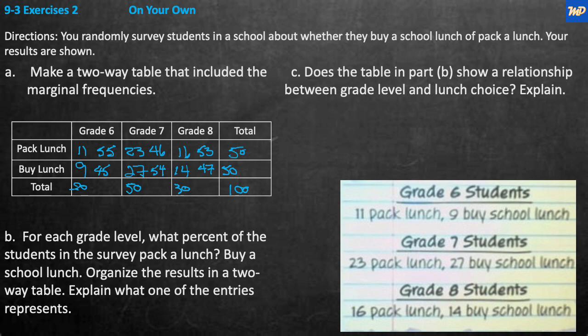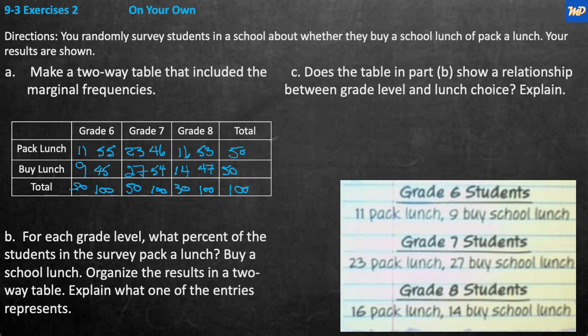And here, this is 100%, right? Because 55 and 45, 46 and 54 is 100%. We don't have to put this in here, by the way. I'm just doing it. And then if we look over here, we have 50 and 50. 50 buy and 50 do not buy.